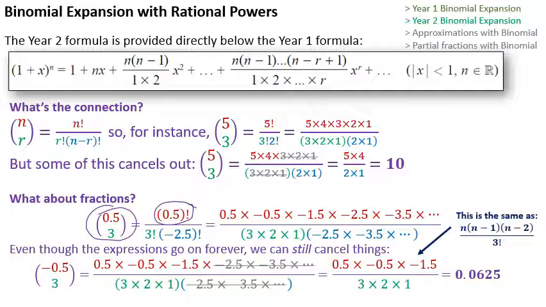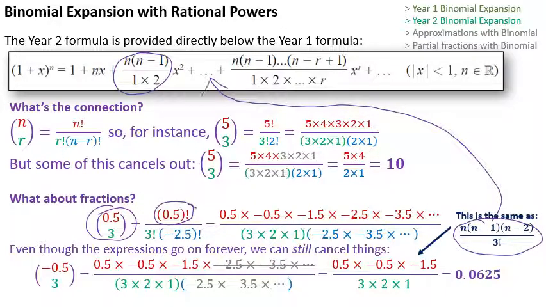You can see the n times n minus 1 over 2 factorial right there. Well, this one is the next term. That's the one that goes in here, somewhere just after the x squared term. That's the coefficient of the x cubed term in the binomial expansion. And you can see the more general term, if you try replacing r in here with some other term like 4 or 5, you can get a sense that this pattern continues.